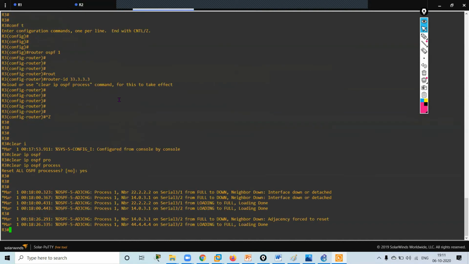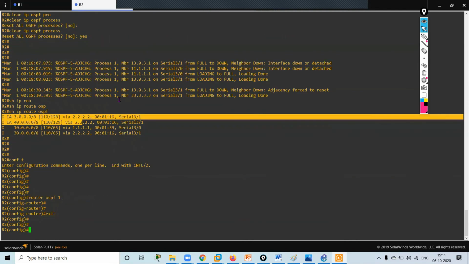I have advertised the 11 network in R1. Okay, I am on R2 now. R2 is my ABR router. Now what is the benefit of route summarization? It minimizes the number of routing table entries, correct?